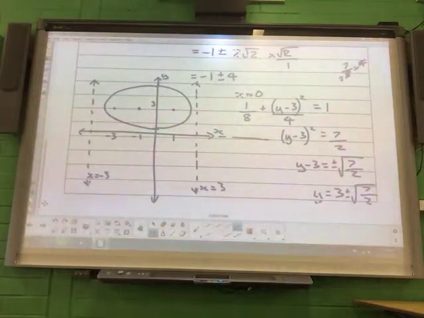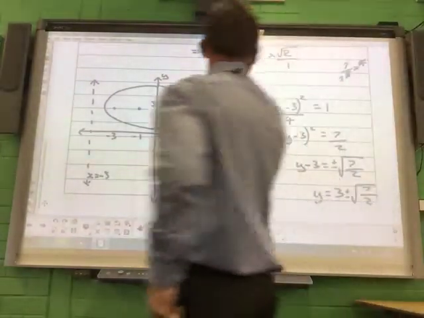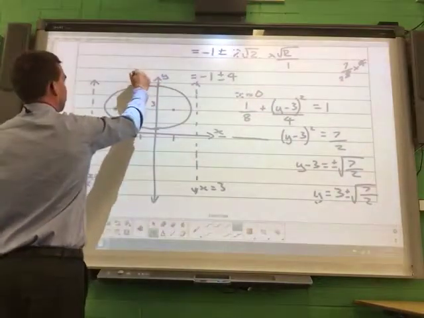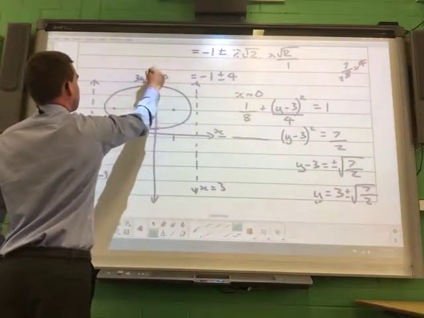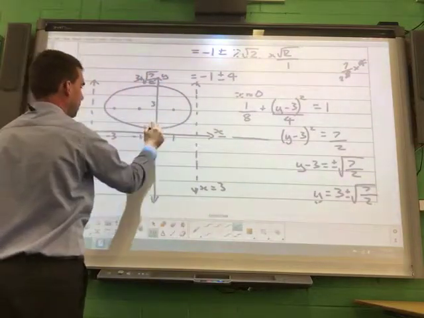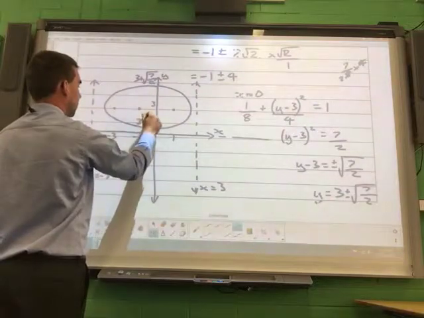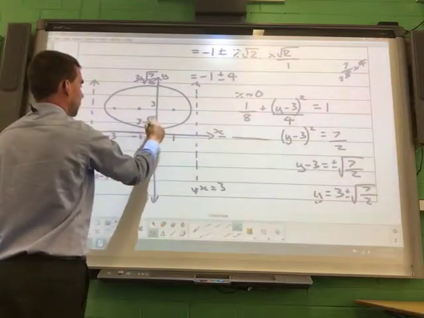Hopefully more often than not the calculation will come up with much nicer numbers, but really just making sure you understand the process. Okay, so when, like I said, I can't simplify that anymore, so on your graph, you need to go 3 plus square root of 7 over 2, and here will be 3 minus square root of 7 over 2.